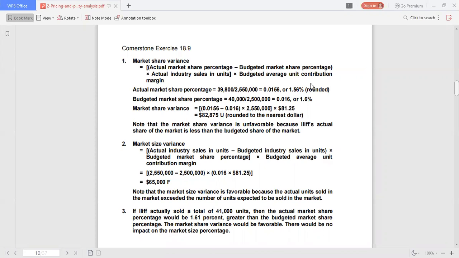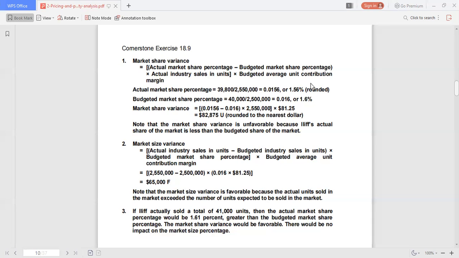So the market share percentage for our company is 1.56%, while the budgeted market share percentage is taken by dividing 40,000, that's the budgeted sales, by 2,500,000, being your total number of units sold for the entire countertop oven industry.